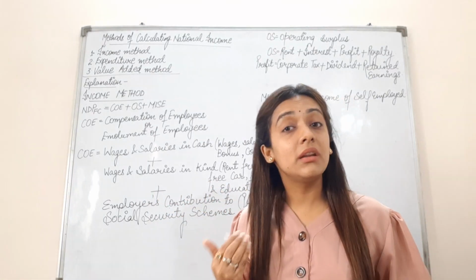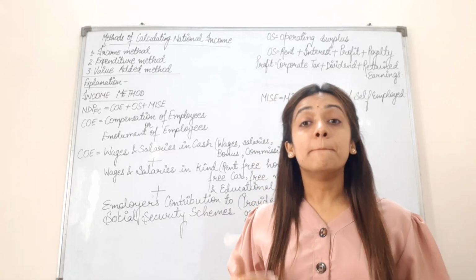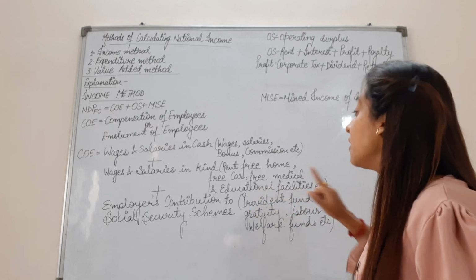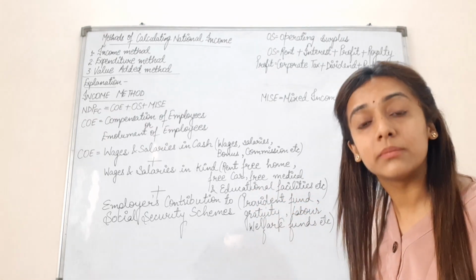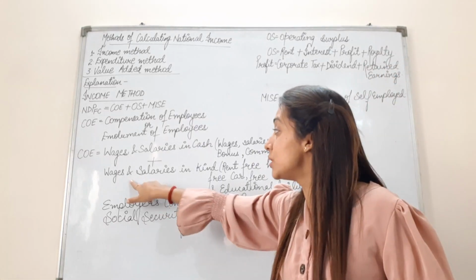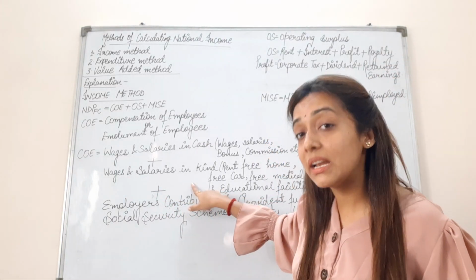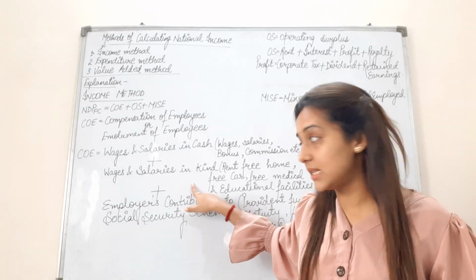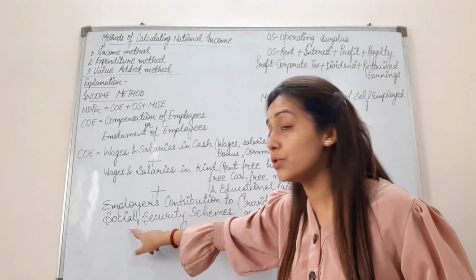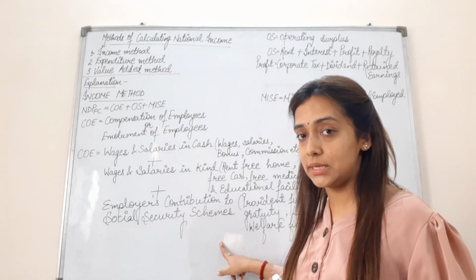In kind means rent-free accommodation, medical facilities and educational facilities for their children. All these things will be included in wages and salaries in kind, plus employer's contribution to social security scheme.